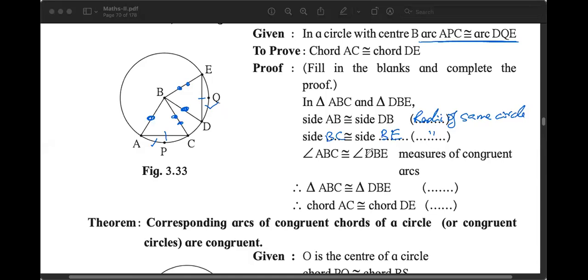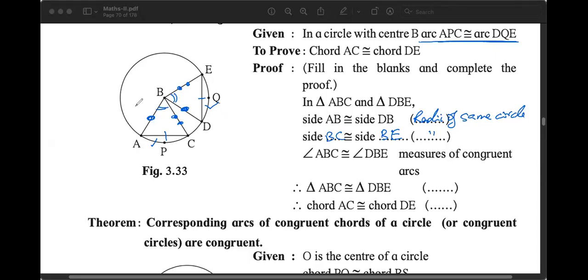Also, finally, we have studied just now that if the chords are congruent, that means they will have the same measure. अभी हमने पढ़ा ना? Congruent chords mean same measure and the same radius. That means these angles are same because it is said that the chords are congruent.